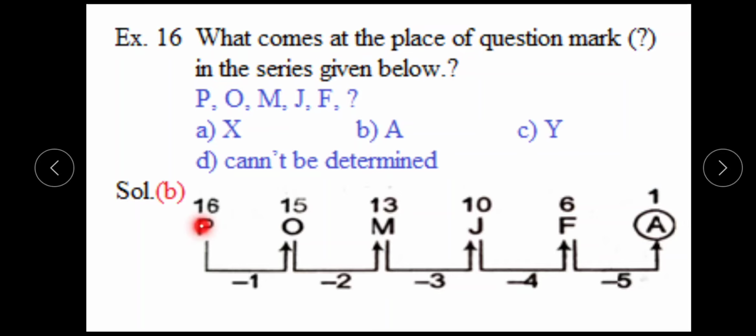If we check these two positions, there is a gap of 1. In these two positions there is a gap of 2. In these there is a gap of 3. In these two there is a gap of 4. It means in the next two terms the gap will be 5. And if we subtract 5 from F, or 6, we get 1, or A. It means this is the answer.